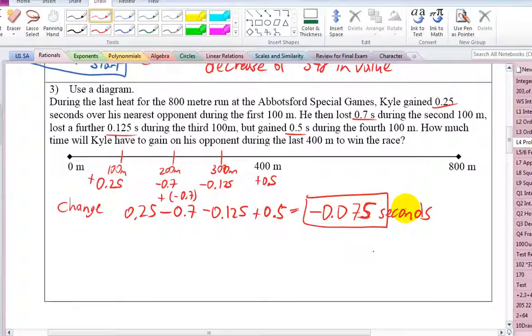Yep, Kizia? Kyle will have to gain 0.075 seconds. Nope, nope. You're pretty darn close. You want me to circle the key word that you're missing out on? Because if he only gains that much, it's not a win, it's a tie.